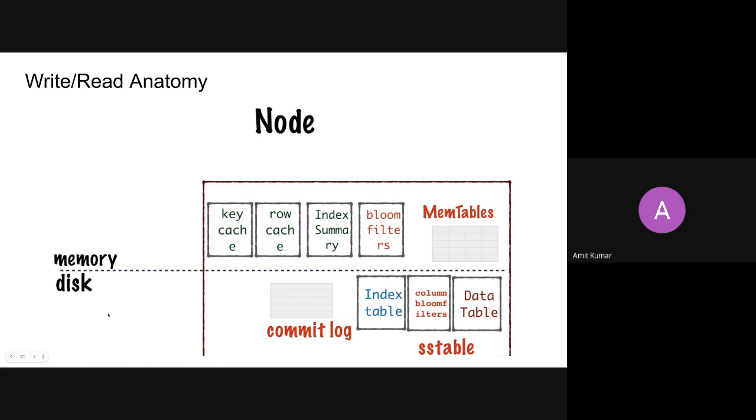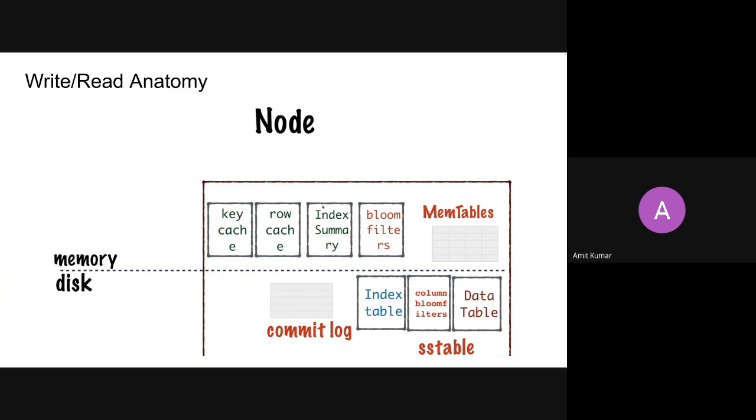Now let's first go for a write request. A write request comes, Ritvik is updating his profile. First of all, it will come to your index summary. Then from the index summary, it will identify the index table.